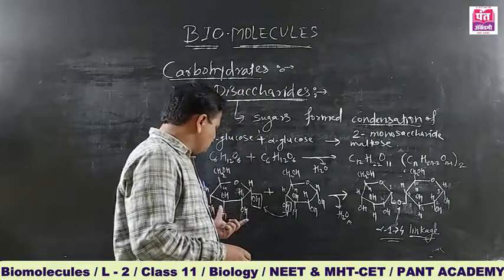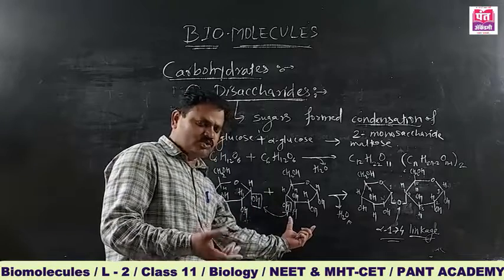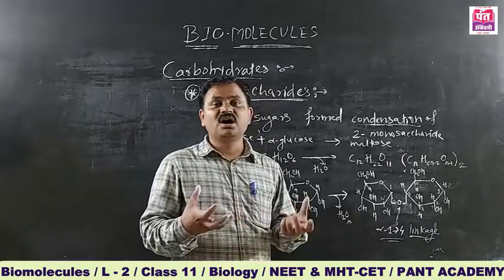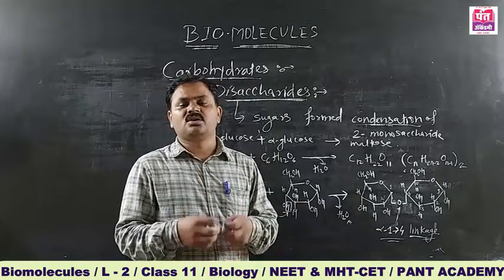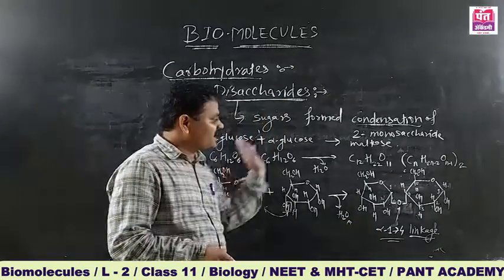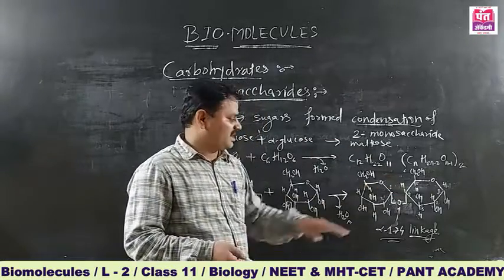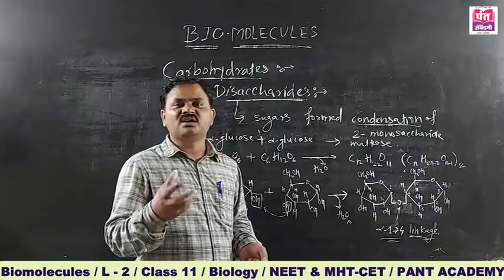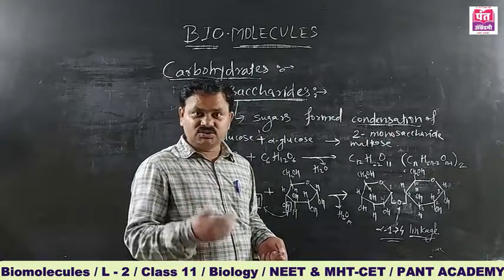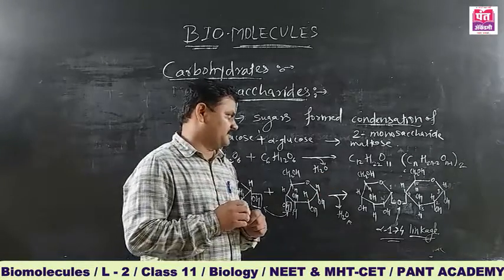So a monosaccharide and another monosaccharide, two different monosaccharides, come together and form a larger carbohydrate structure, that is a disaccharide. So monosaccharides are converted into the disaccharide, and therefore these disaccharides are larger in structure and unable to pass through the plasma membrane.